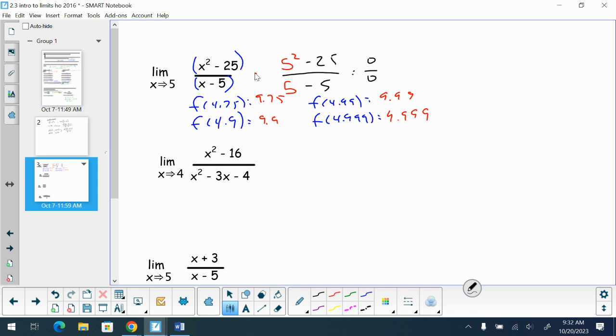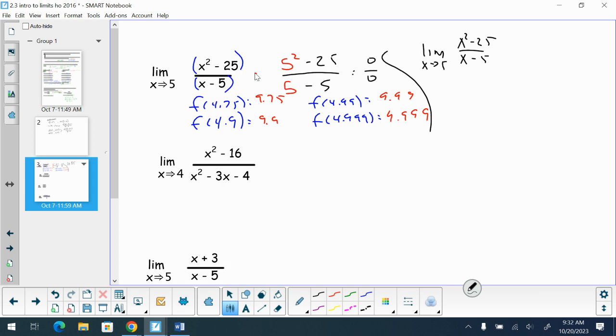Well, let's go back to square one. Limit as x approaches 5 of x squared minus 25 over x minus 5. If we take a look at our function, where would our discontinuity be? 5.